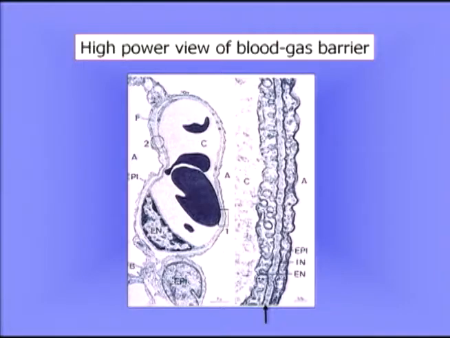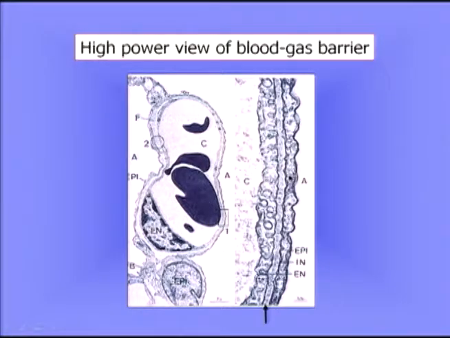Here's a high power view of the blood gas barrier. Now what we've got here is the same capillary as shown in the previous slide, although it's been turned through 90 degrees, and somebody has selected a region of the blood gas barrier shown here and blown it way up to a very high magnification. In fact, if you can see, the bar line here is only 0.4 microns, so it's extremely small.